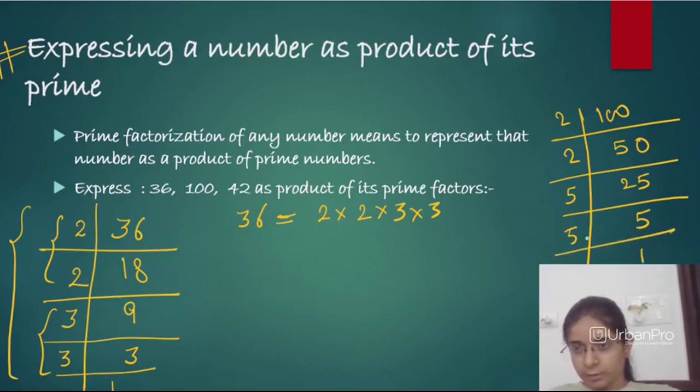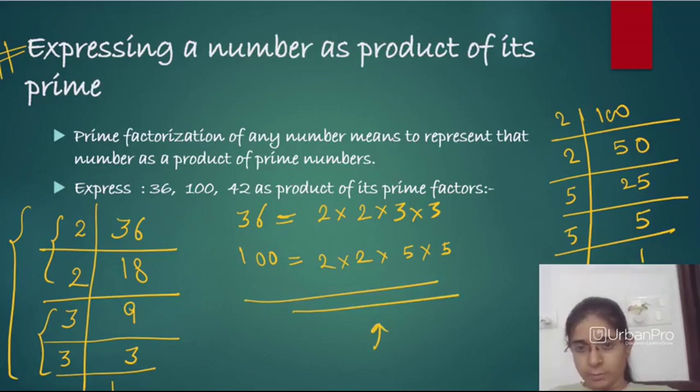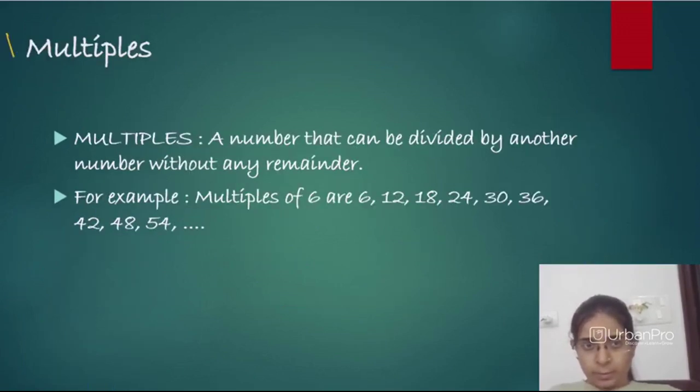Again divisible by 5. So 100 can be written as 2 times 2 times 5 times 5. So I hope you have understood how we can do the prime factorization of a number, or how we can express a number as a product of its primes. Both are the same. Okay, now let's move to the other topic.